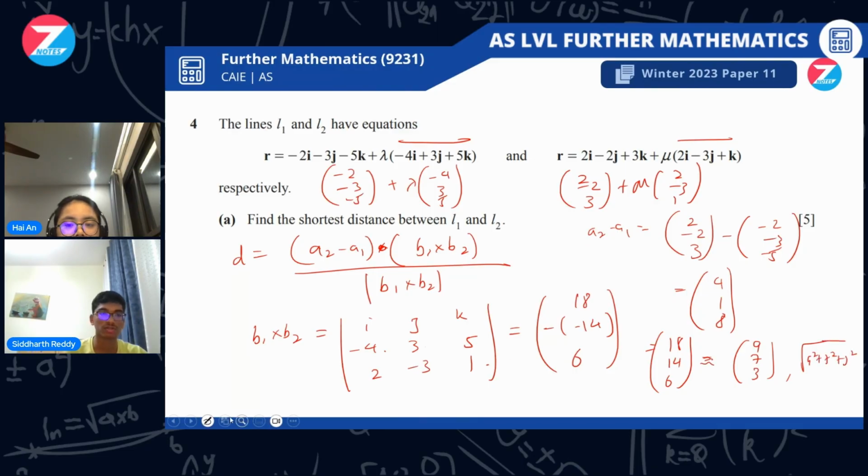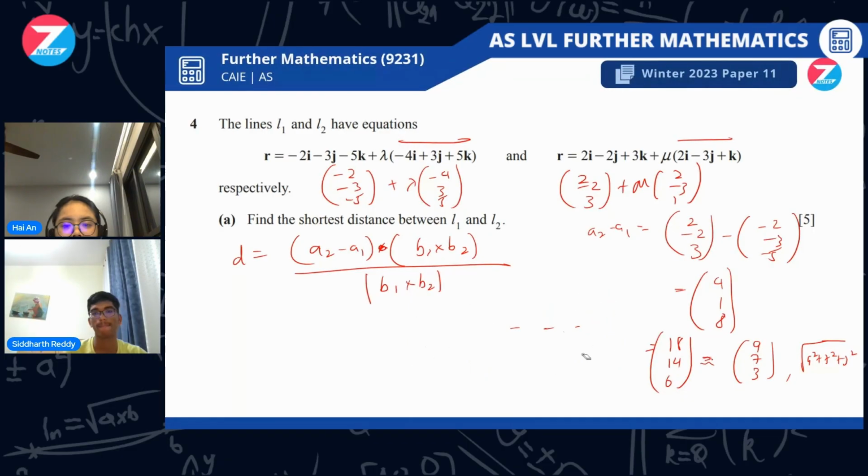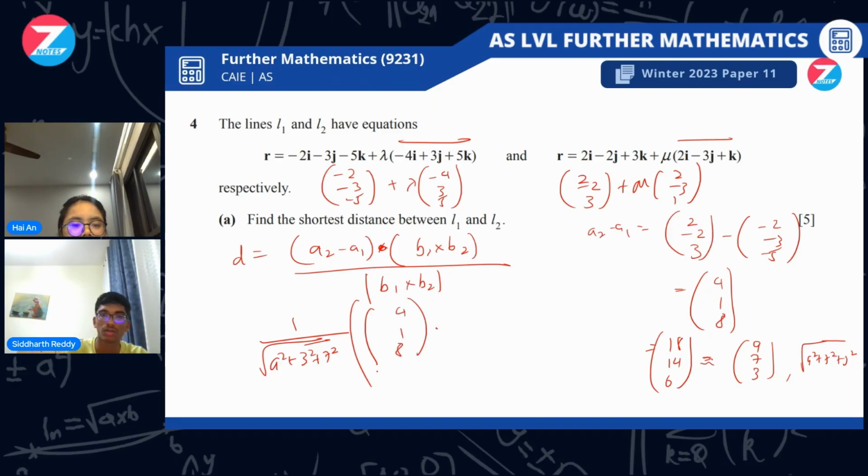So let's plug this all in the formula. So we got 1 by square root of 9 square plus 3 square plus 7 square into A2 minus A1, which is (4, 1, 8) dot (9, 7, 3).